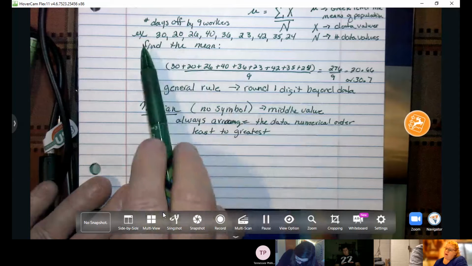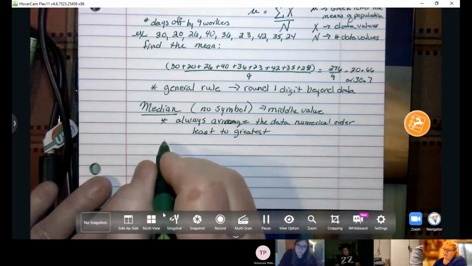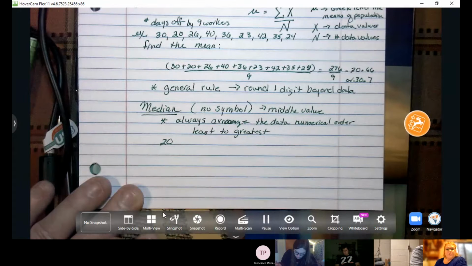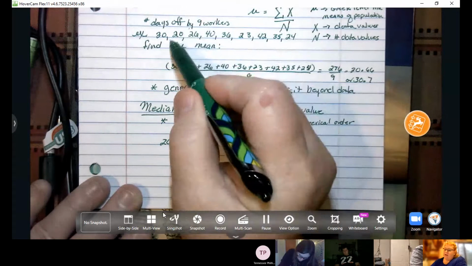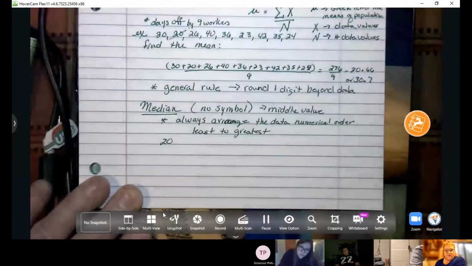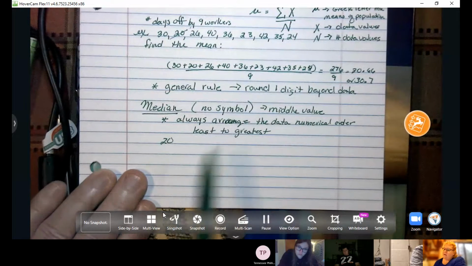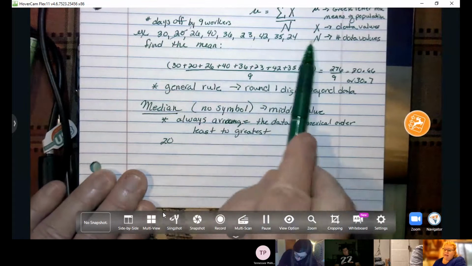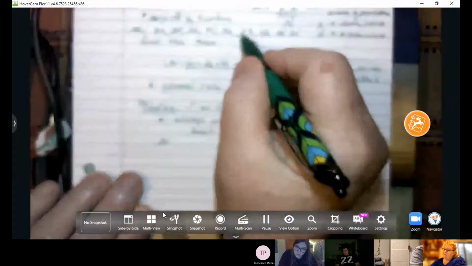So as we go through our data, our smallest data item is 20. And when you're arranging it, sometimes it's easy if you just mark it off so you know that you've accounted for that value as you're arranging it. The next smallest value is 23.